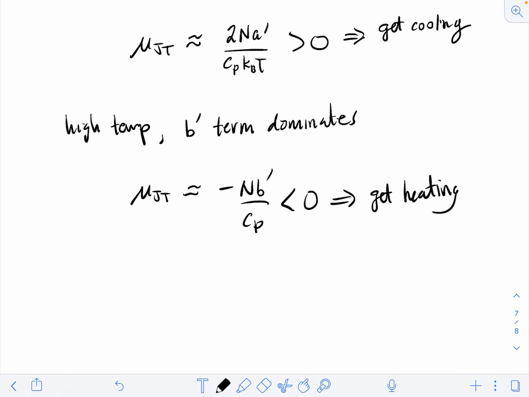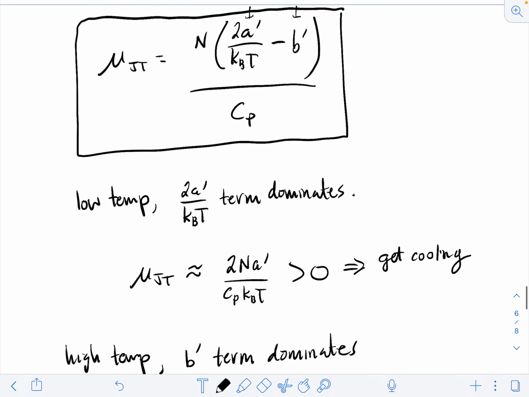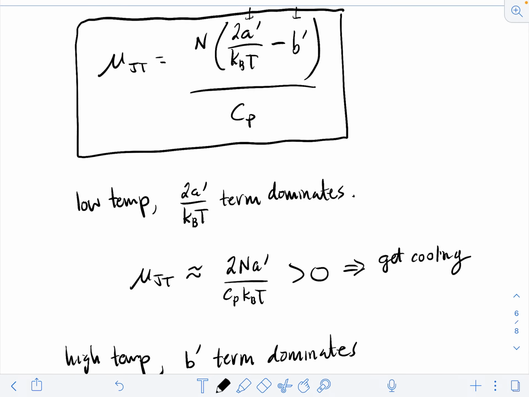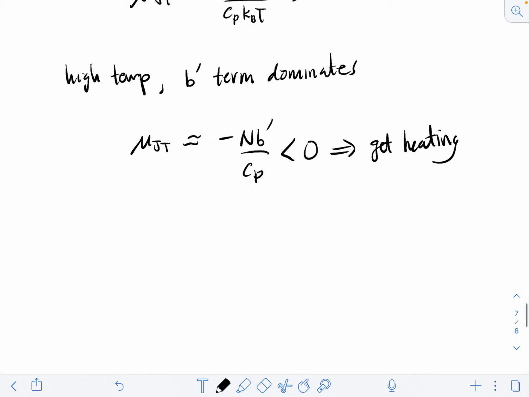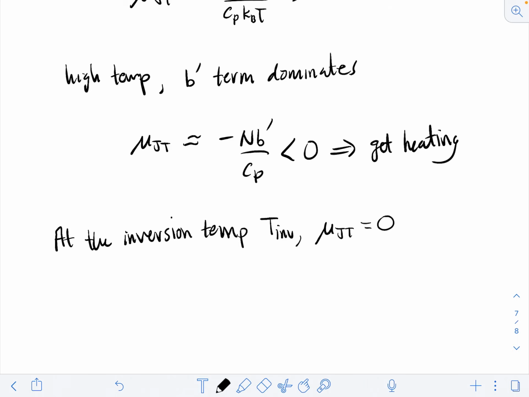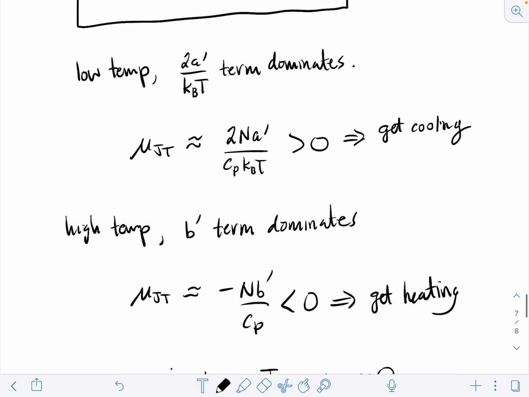There's a special temperature where the two terms will just cancel each other out. That's called the inversion temperature. So at the inversion temperature, let's say T inversion, the Joule-Thomson coefficient is 0.